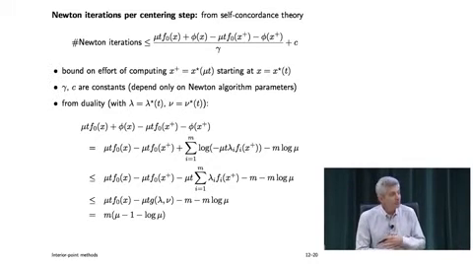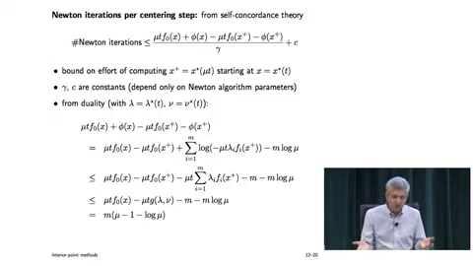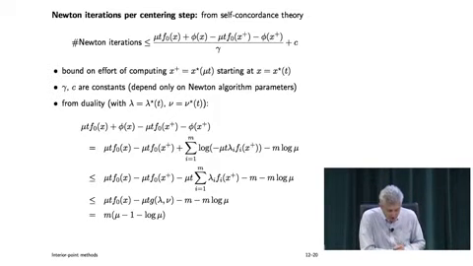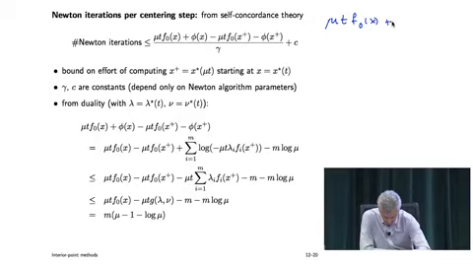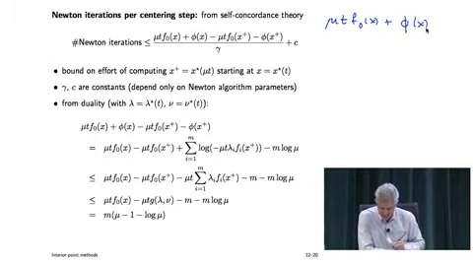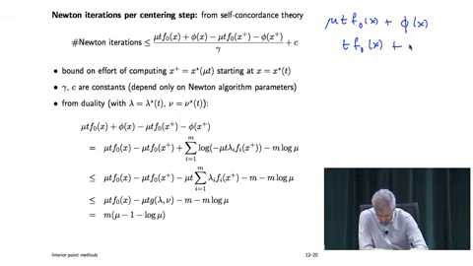So what happens is we know the number of outer steps. That's easy. That's just basically log 1 over epsilon, because you divide the duality gap by a factor mu every outer step. So the question is, how many Newton steps does it take? And the answer is very simple. You are going to minimize mu t f0 of x plus phi of x, starting from the minimizer of t f0 of x plus phi of x.